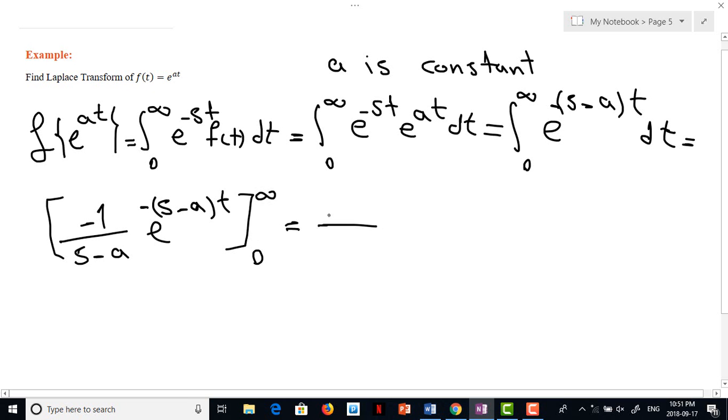Again, I just factor out minus 1 over (s minus a). So here we have e to the power of minus (s minus a) times infinity minus, and if I plug 0 here, so we have e to the power of 0.